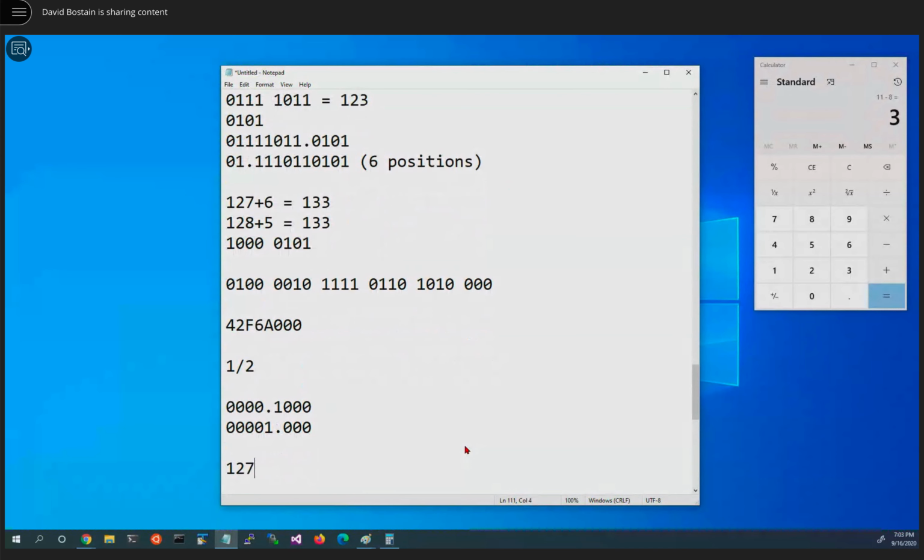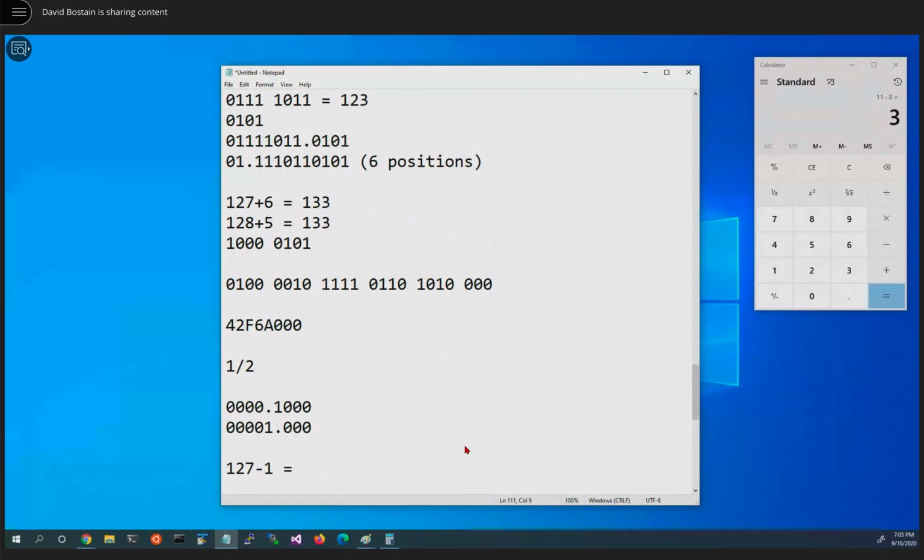So we can take 127 minus 1, and that means the number we're going to have is going to be 126, right? Well, what are we calculating here? We're trying to figure out what number we need to encode.